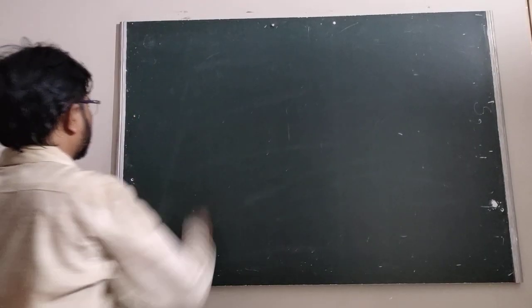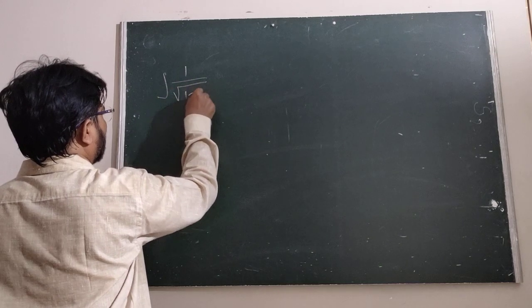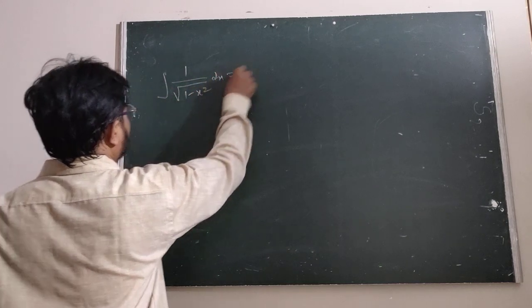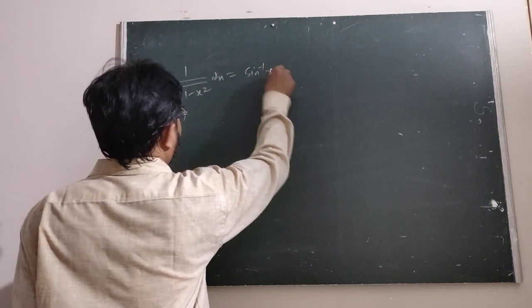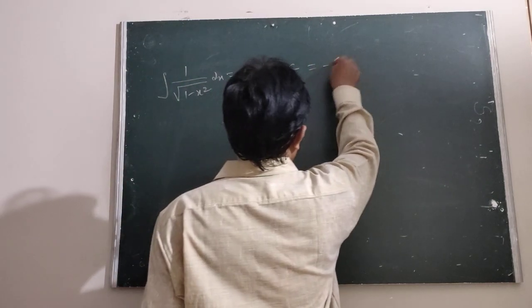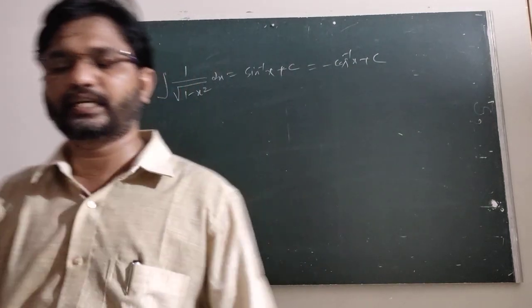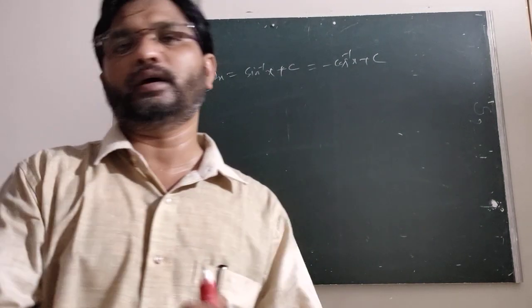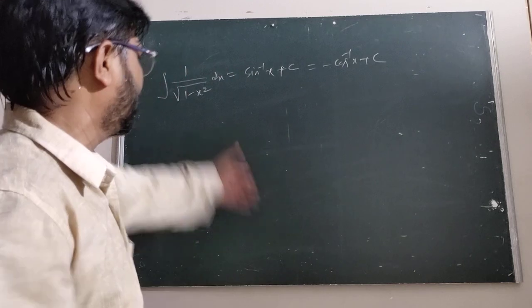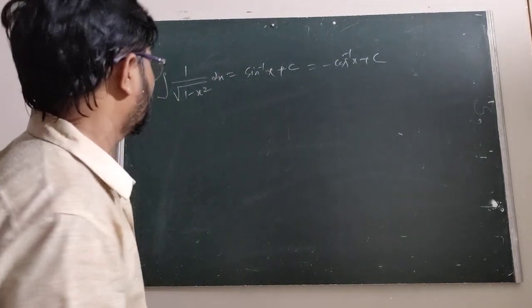So now we go to the integral of 1 by root of 1 minus x square dx. This is sine inverse of x plus c, or minus cos inverse of x plus c. Understand?